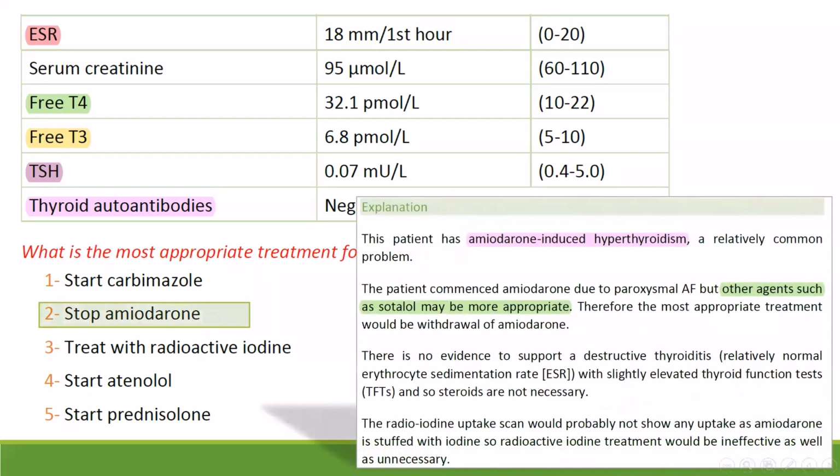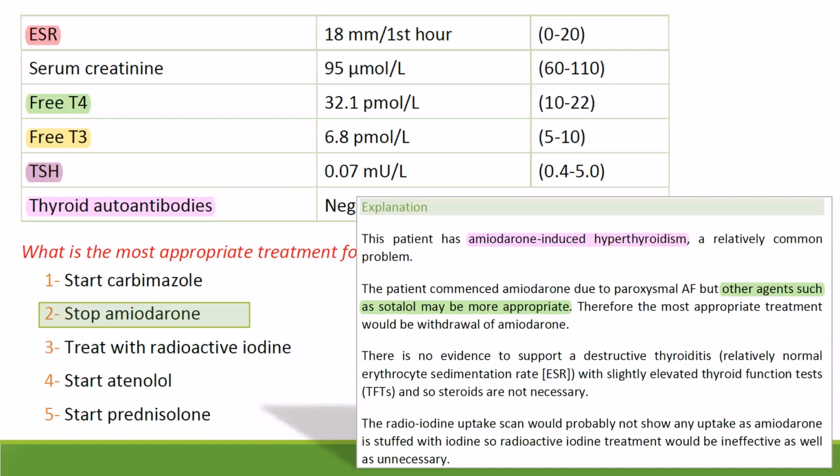They choose to stop amiodarone. Why? They mentioned that the patient is already controlled on a small dose of amiodarone, and I think the thyrotoxicosis is not significant enough to prescribe prednisolone versus carbimazole.